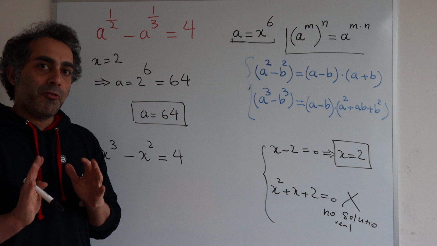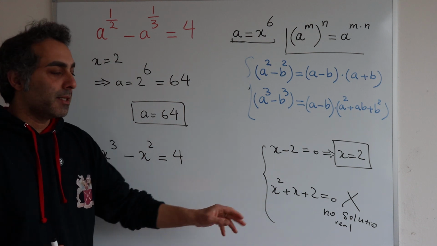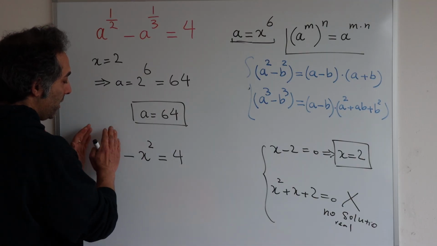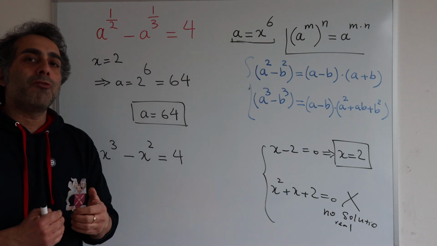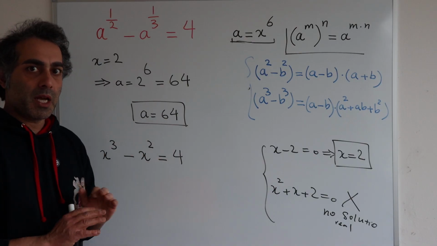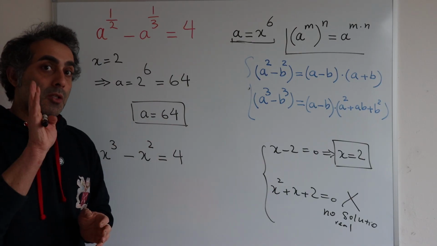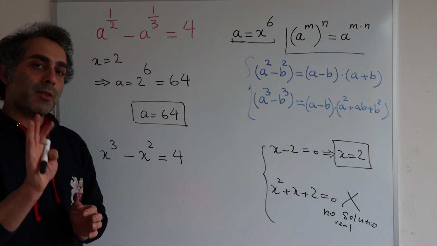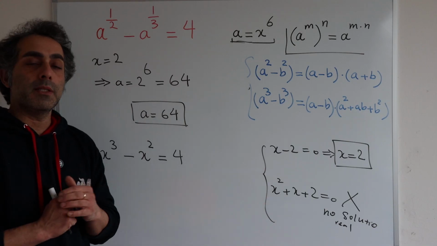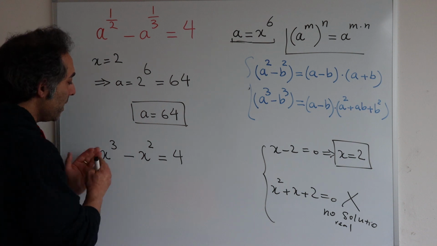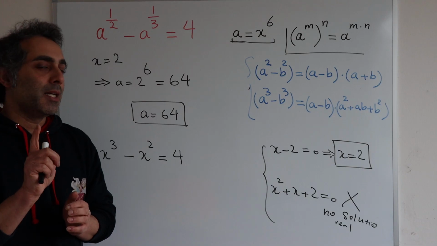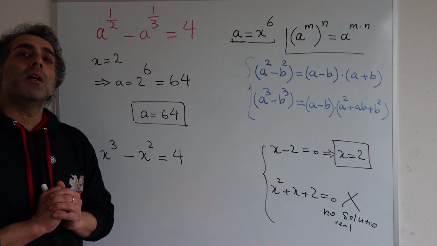If you find the imaginary solution of x, you can find, by subtracting x cubed and x squared from each other, an imaginary result. Please solve it at home, but you can try yourself by finding the imaginary solutions of that second formula and computing x cubed minus x squared. Please find it and write me the solutions, and you can see you never find a real solution for that.